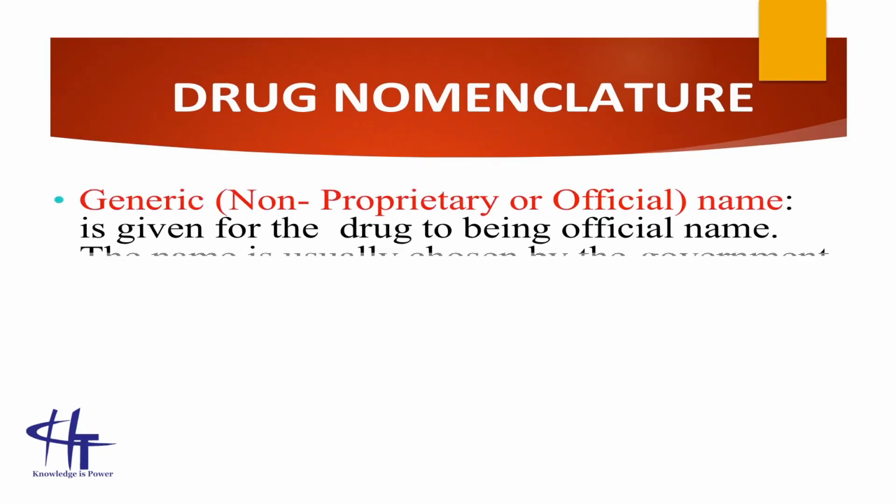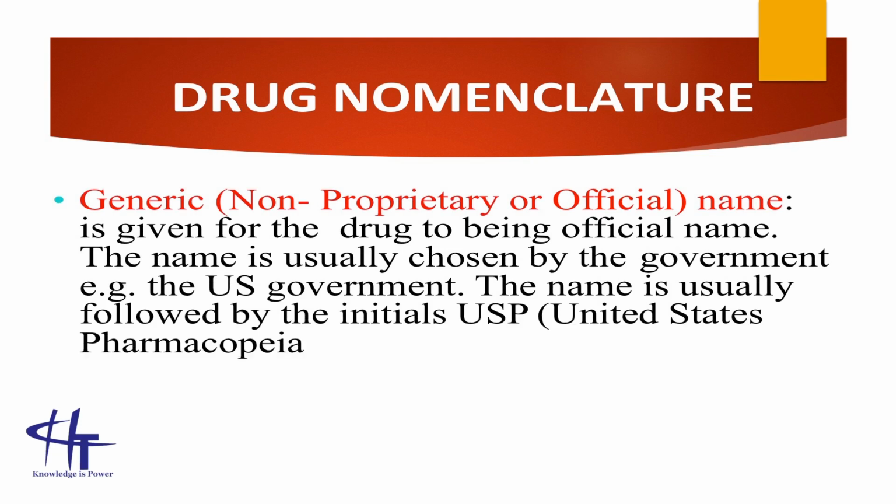Let's first start with the generic name, also referred to as the non-proprietary name or official name. So what is this name? Now, this is the name that is given by the responsible authority in that country, and it is referred to as the official name, and it is usually chosen by the government or by the state in that country.